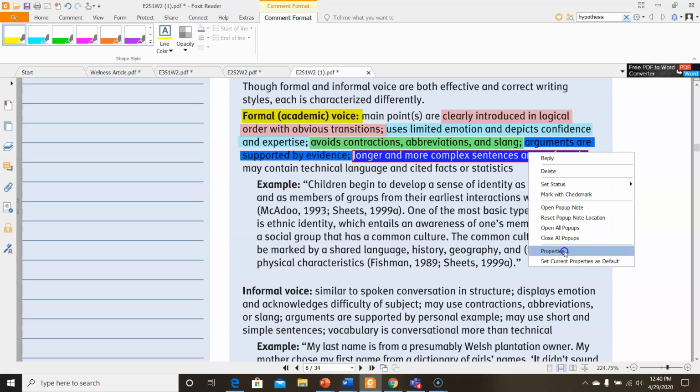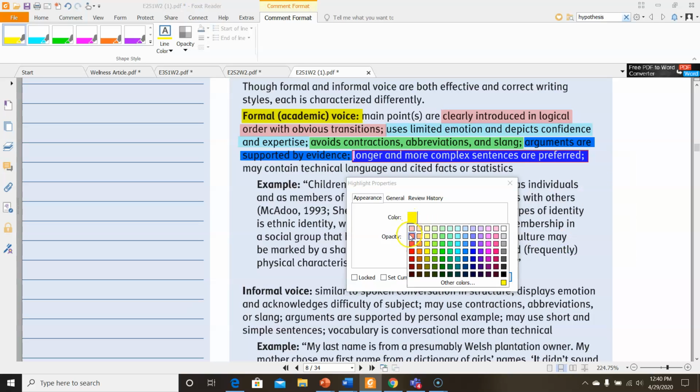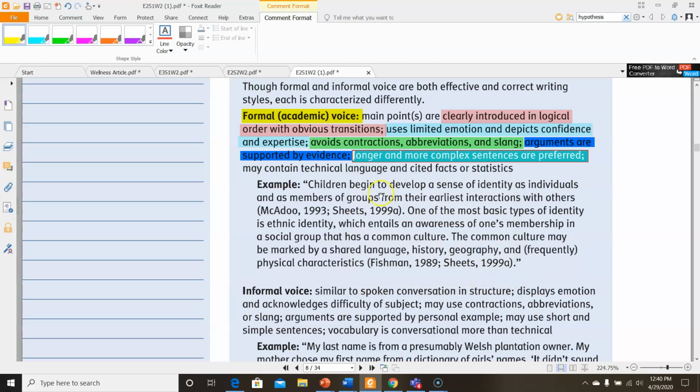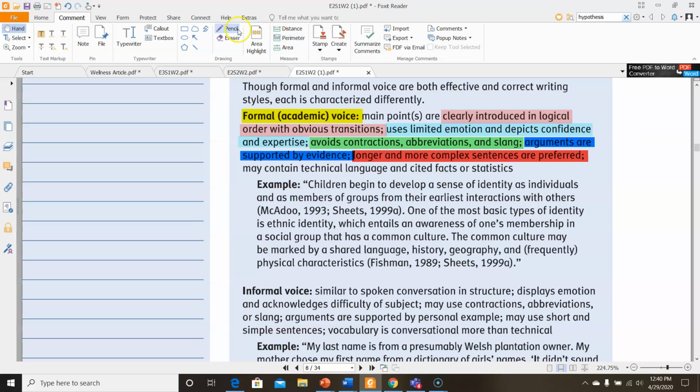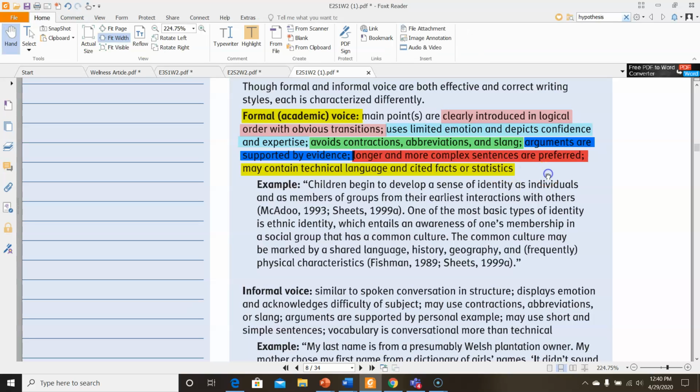Let's make this one a red. And then it may contain technical language and cited facts or statistics. I'm just going to leave that one yellow.